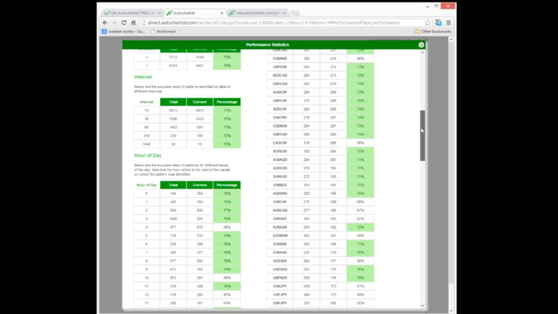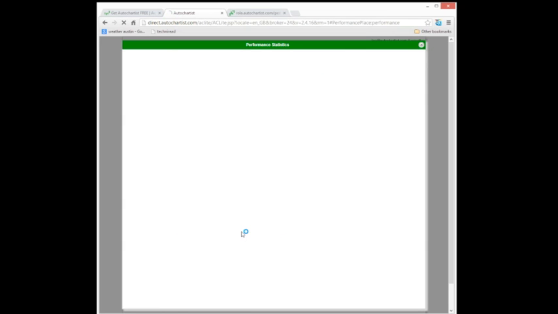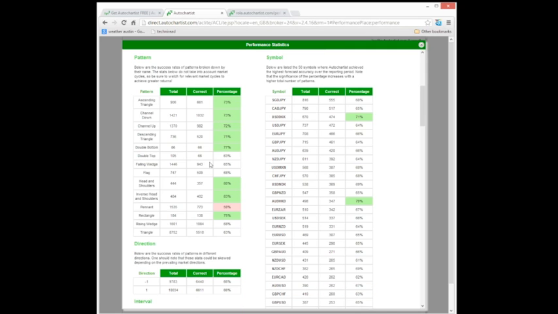Now, this is very interesting because what I want to do is come back to the technical chart patterns for just a moment and click back on those statistics. And you'll notice that many of the statistics which are based on horizontal support and resistance levels, for example, ascending triangle, that has its grounding in a horizontal support resistance level. That does really well. The descending triangle does really well.